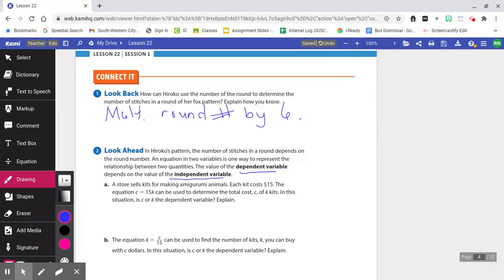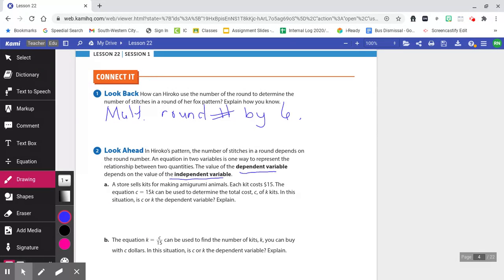In this first one, a store sells kits for making amigurumi animals. Each kit costs $15. The equation C = 15 times K can be used to determine the cost C of the K kits. In this situation, is C or K the dependent variable? And explain. In other words, does the cost depend on how many kits I buy, or do the number of kits depend on the cost?